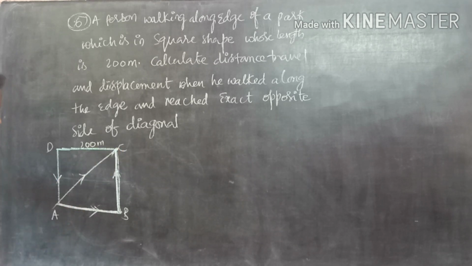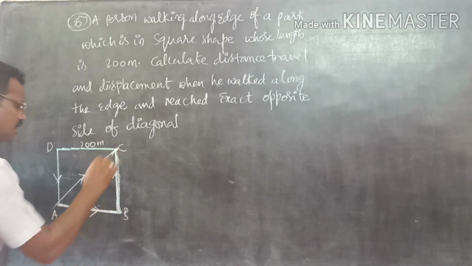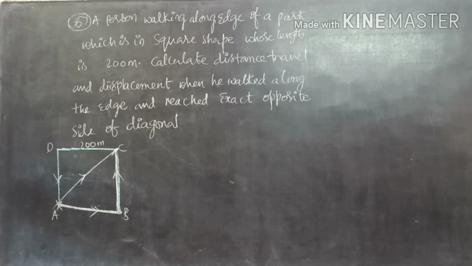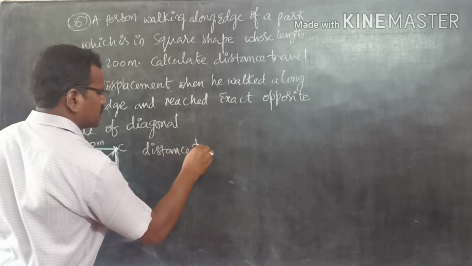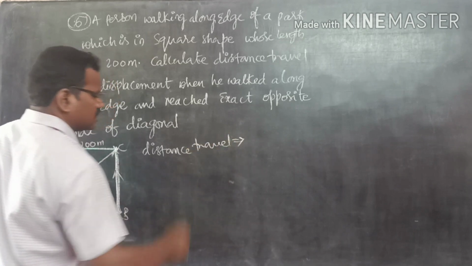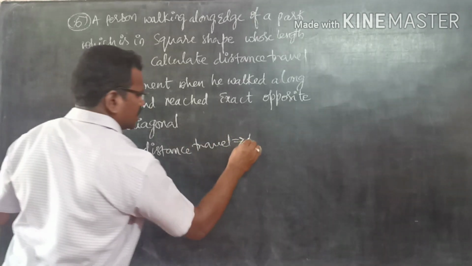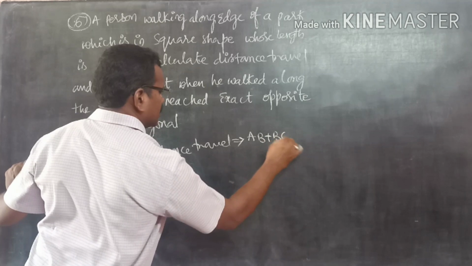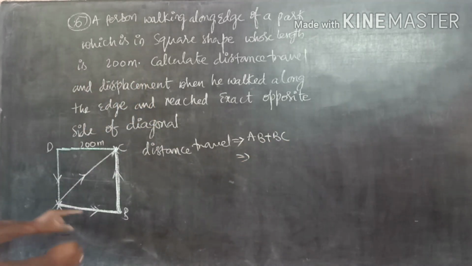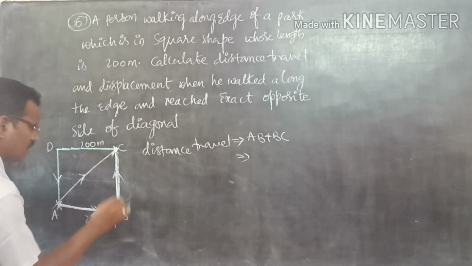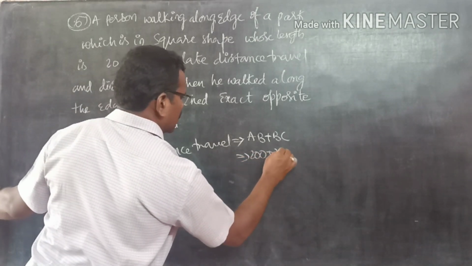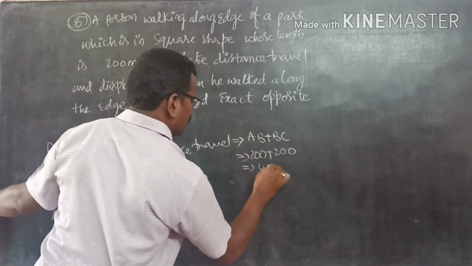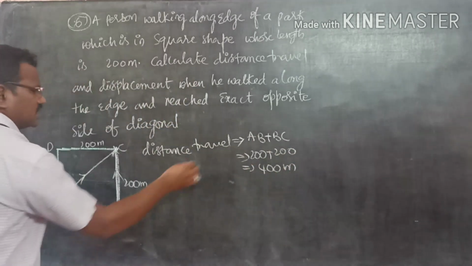So the initial position is A and the terminal position is C. First of all, we are going to calculate the distance traveled. Distance traveled is nothing but the length of the path, that is AB plus BC. What is the value of AB? 200 meters. What is the value of BC? 200 meters. So that is 200 plus 200, which is 400 meters. This is the distance traveled.